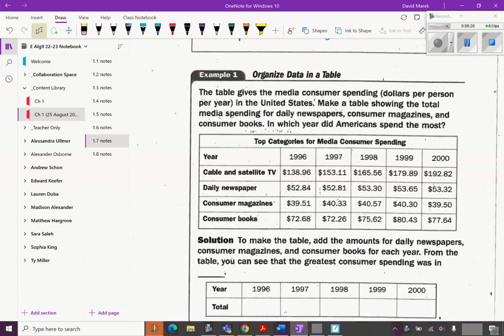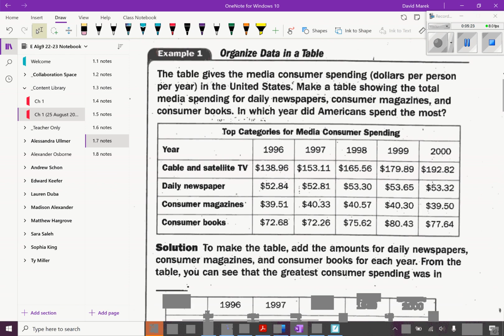Okay, so let's take a closer look here. Example number one, this table gives media consumer spending. Our unit of measurement here is the average dollar per person per year in the United States. Now, again, please forgive me, this is going back a ways. But the data is still valid. We can still see what's going on here.